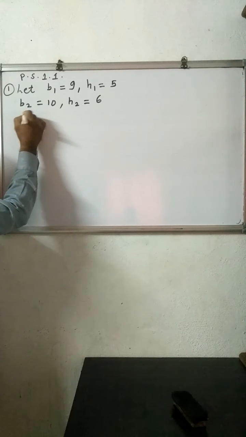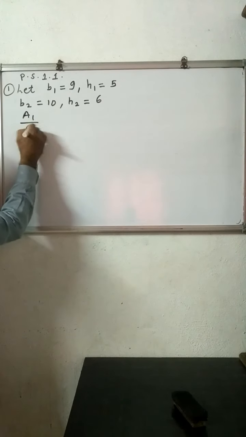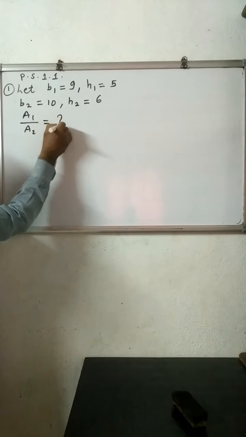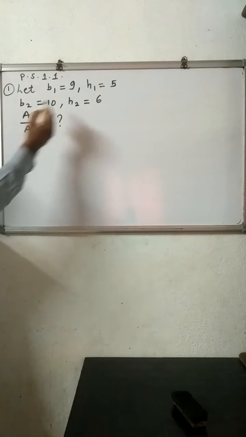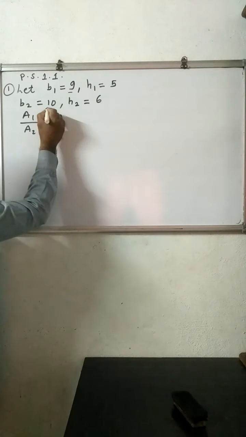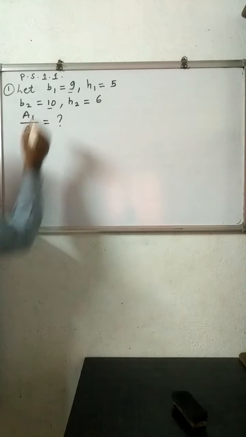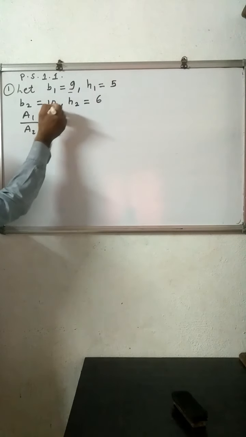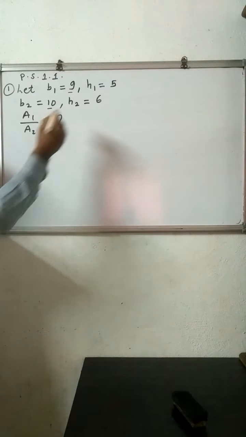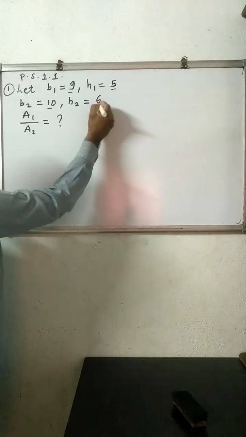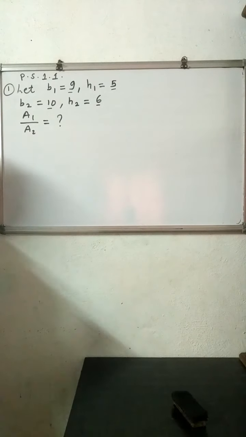Find the ratio of area of two triangles. You have to find A1 upon A2. Now, these two triangles A1 and A2 have different bases, B1 is 9 and B2 is 10, as well as heights H1 and H2 are also different, 5 and 6.